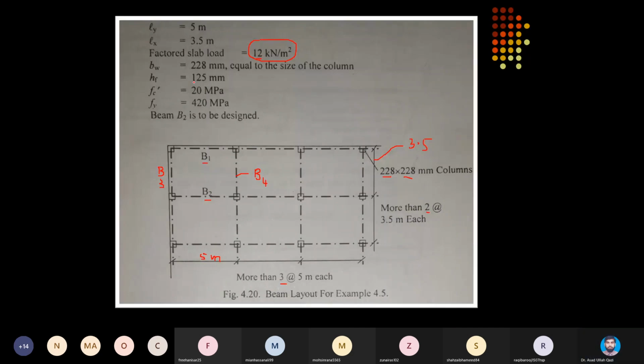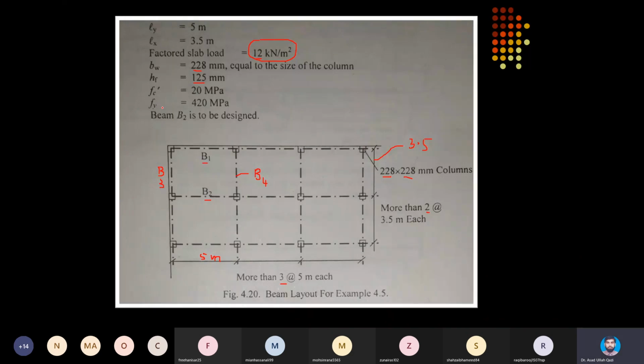And it is also mentioned in the statement that in this slab system, slab thickness is 5 inch, 125 millimeter. And since column sizes are 228 by 228, the width of the beam selected is 9 inch, equal to the column size, 228 millimeter.